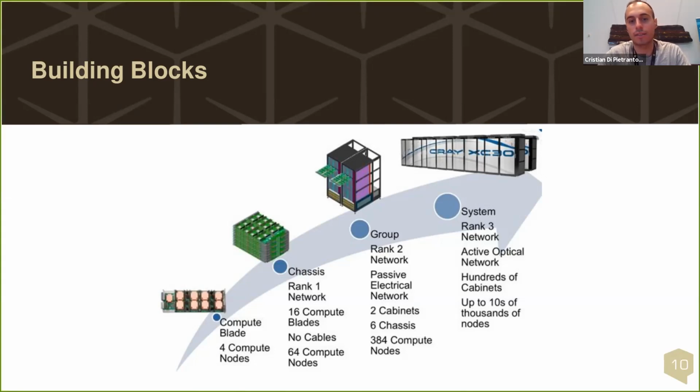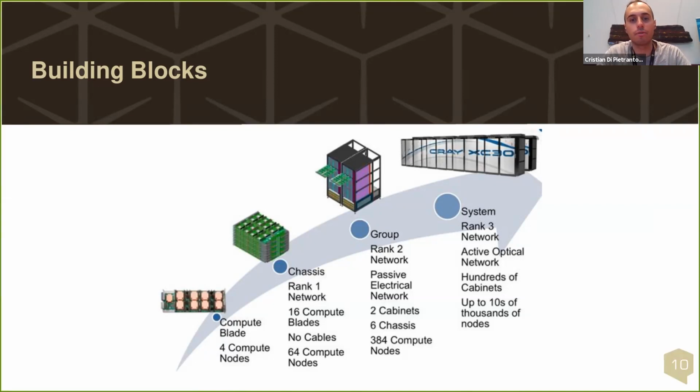Each chassis has, in this case, 64 compute nodes packed together, again to minimize space utilization, but also to decrease the energy dissipation. The whole design is focused on packing together as much compute power as possible in the least amount of space.